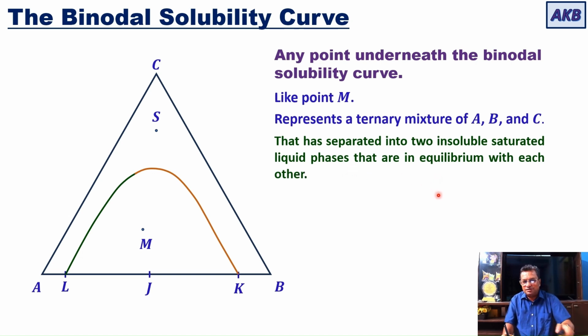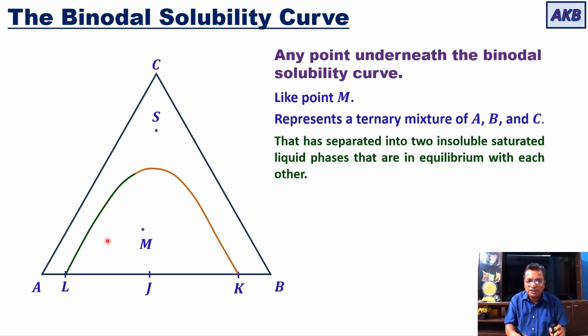We just now understood how equilibrium is reached between two insoluble liquid phases. So point M will be representing a ternary mixture, but the mixture is separated into two insoluble saturated liquid phases, and these liquid phases are in equilibrium with each other.